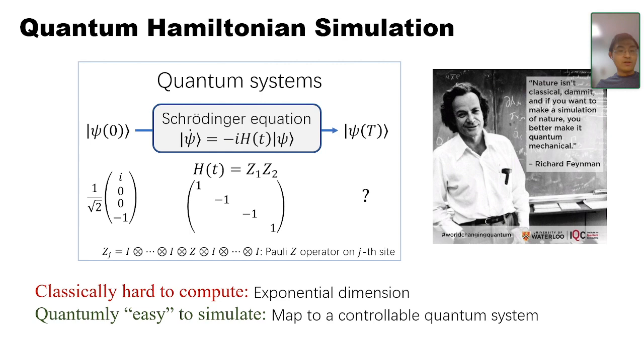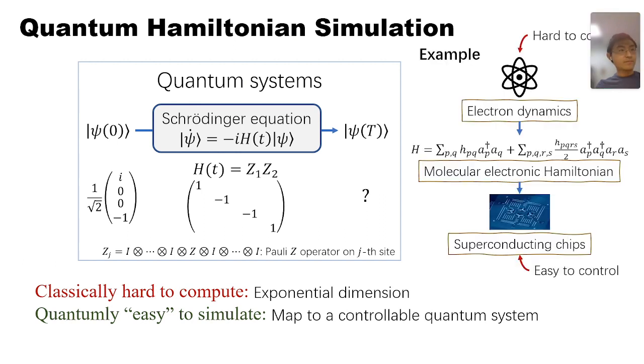Forty years ago, the famous Richard Feynman proposed to emulate a quantum system with another precisely controlled quantum system to avoid the curse of exponential dimensionality. An illustrative example is the dynamics of the electronic system of an atom, which is very hard to control in physics. Researchers now choose to manufacture superconducting chips to simulate the Hamiltonian system, which describes the dynamics of the electrons.